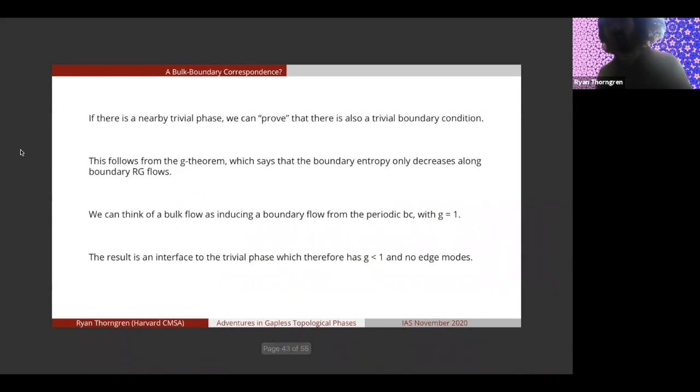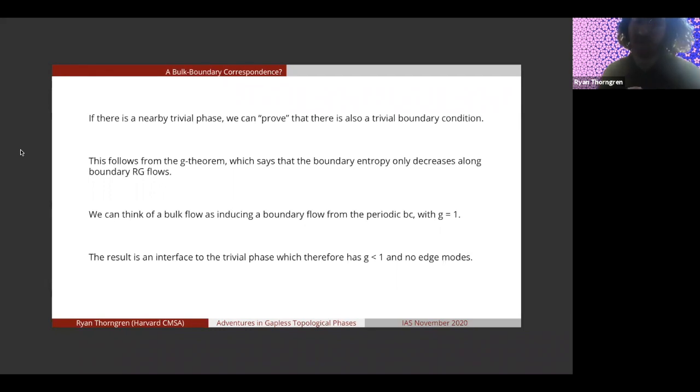But there's one direction of this argument that I can hand wave, which is to say that if you can flow to the trivial phase, then you have a trivial boundary condition. This more or less follows from the g theorem. If you consider periodic boundary conditions in the context of the g theorem, it has a boundary entropy of 1.